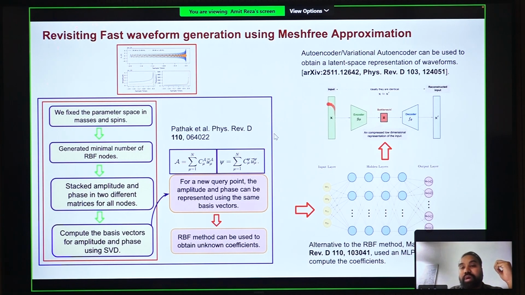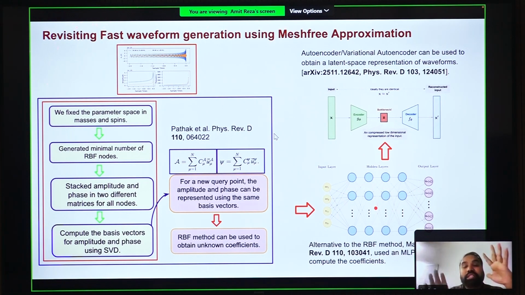That means you pass your actual waveform and reconstruct it through a latent space or low dimensional data representation, and then that low dimensional representation could be mapped to your given input parameters, and that's the way you can connect them.